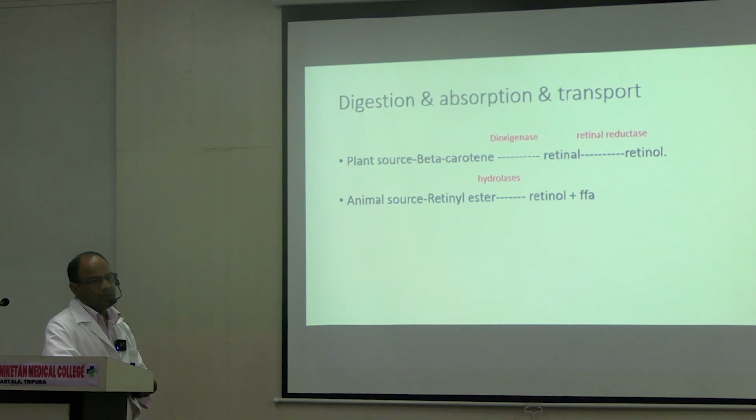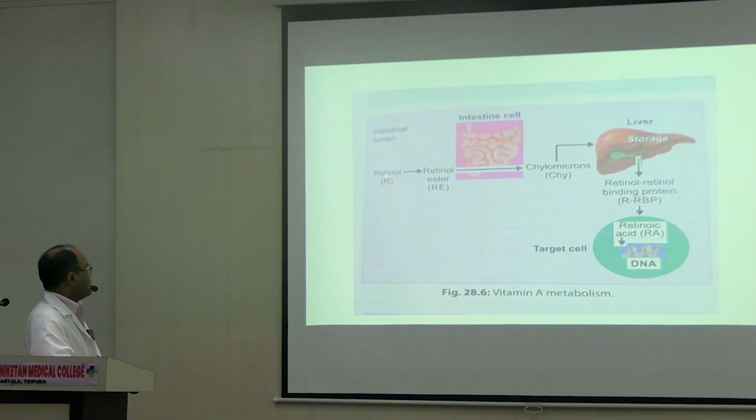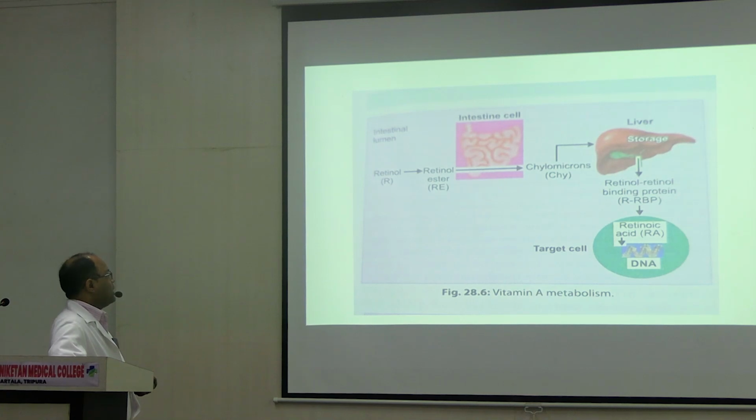In the liver, they are stored as retinyl ester. In the intestinal lumen, retinol is esterified to retinyl ester, and then by chylomicron it goes into the liver, where it is stored as retinyl ester. When required, the retinol is released into blood and binds with retinol binding protein.